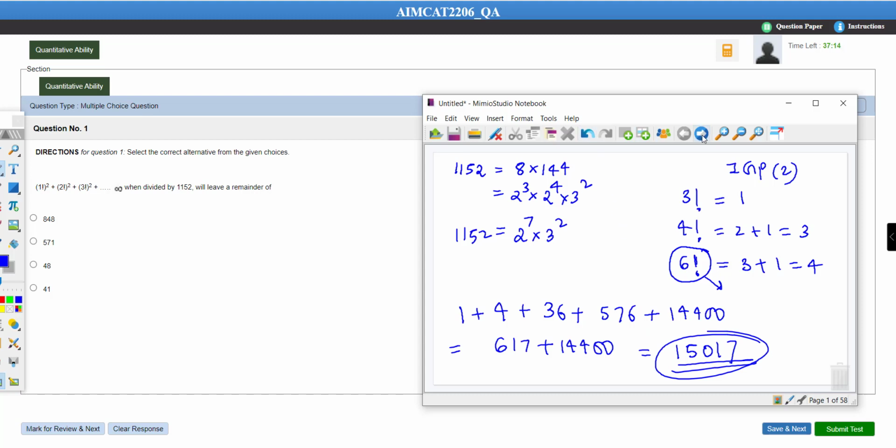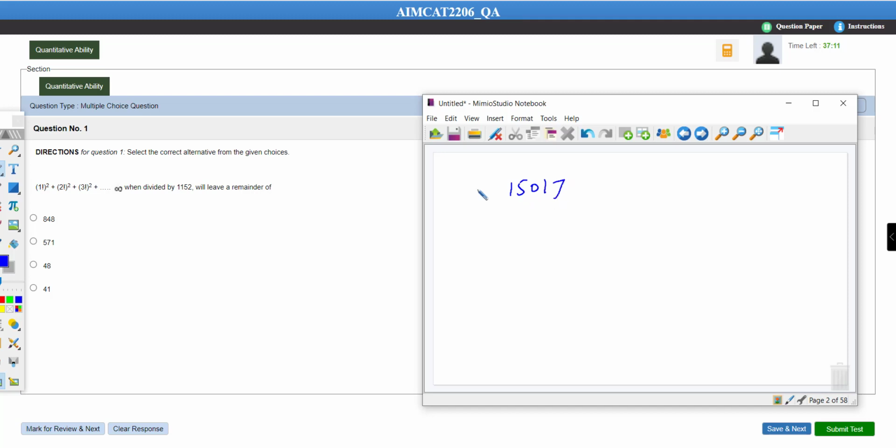That I will do in the next slide. 15,017, I need to divide it by 1152. 1 one is 1152. The subtraction gives 3, 8, 6, 4, bringing down the 7. Then 1152 times 13 is 14976.